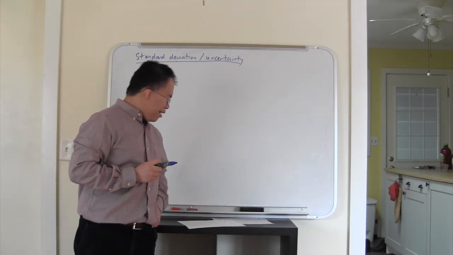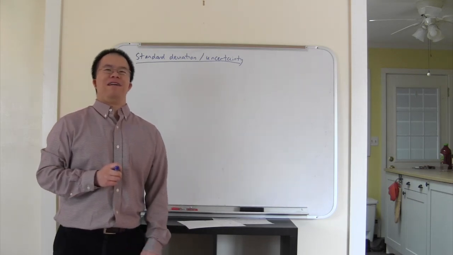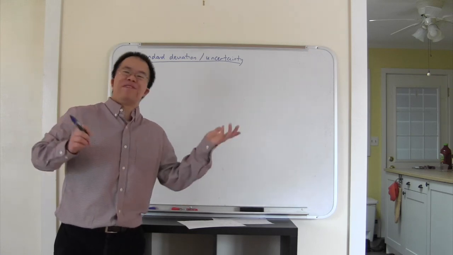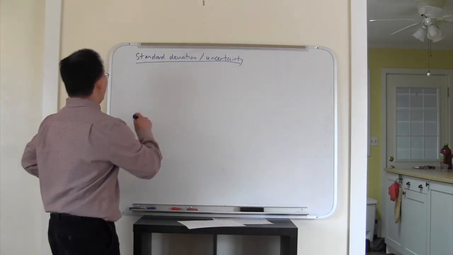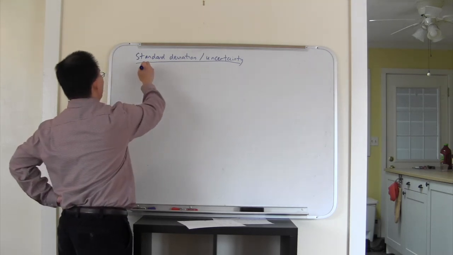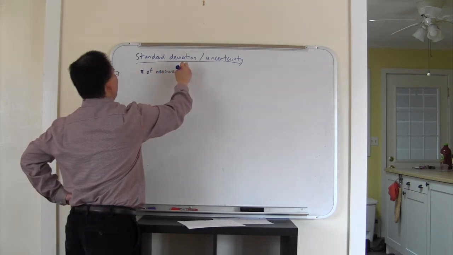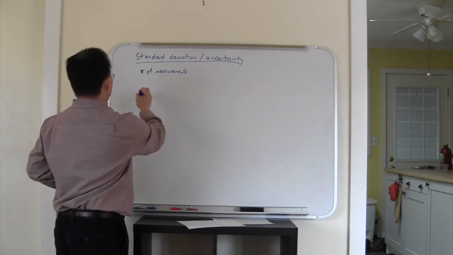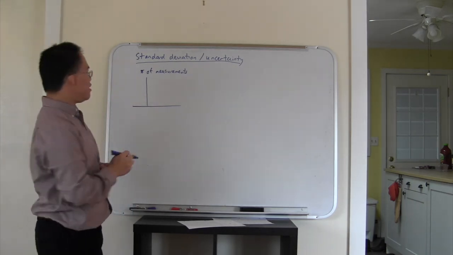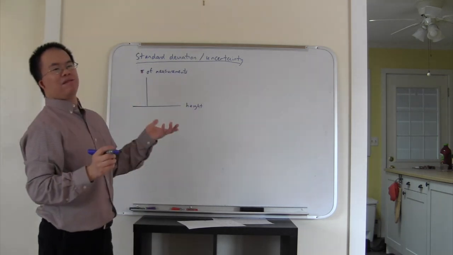So imagine you had some measurements. Maybe you were to measure the height of a group of people, like maybe the students in our class, and you might get something that looks like this. So if I take a histogram, so if I plot the number of measurements on the vertical axis versus height, we might get something that looks like this.